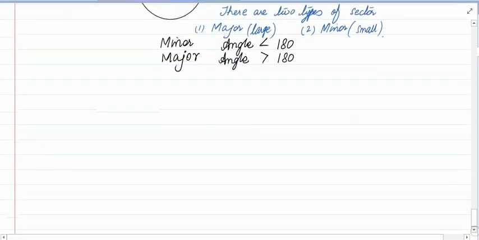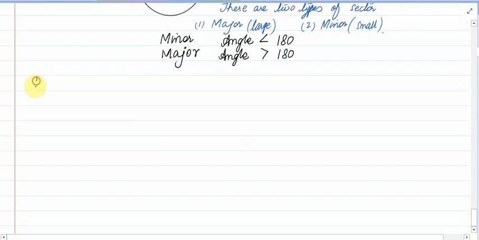Now the next thing is, what are the working formulas, right? So first thing, tell me what is the area of a circle. So area of a circle, we know that it's pi r square, right?